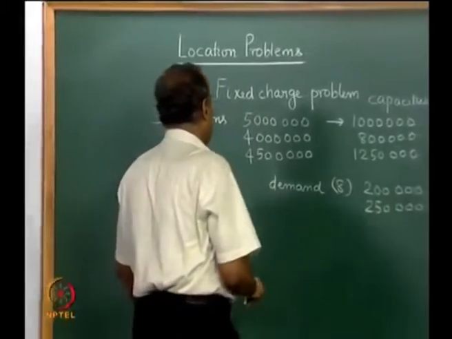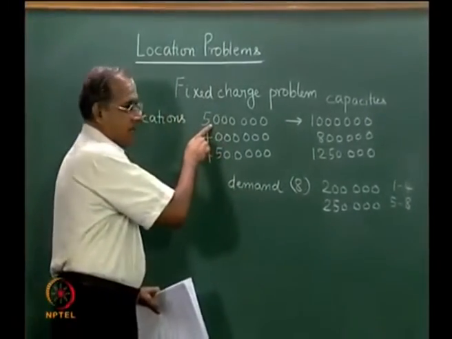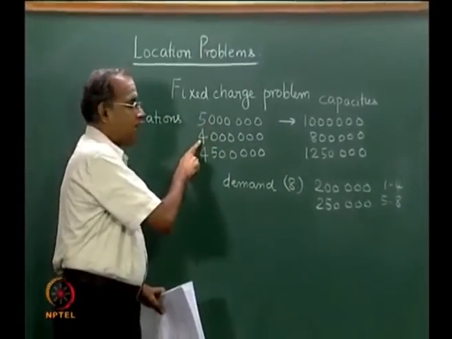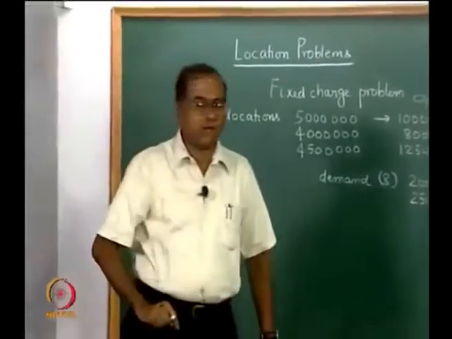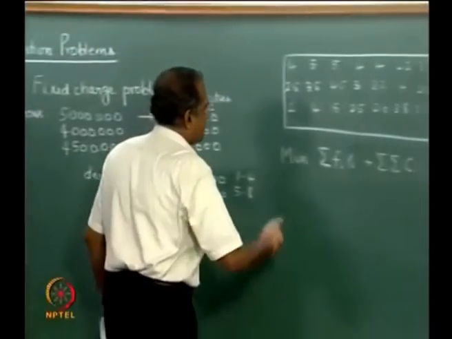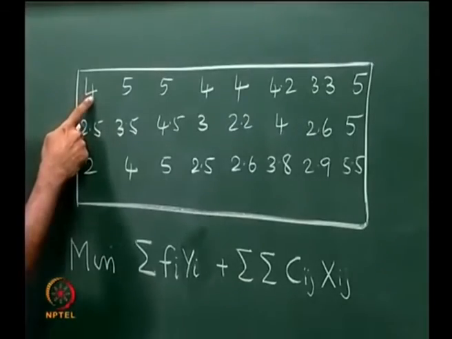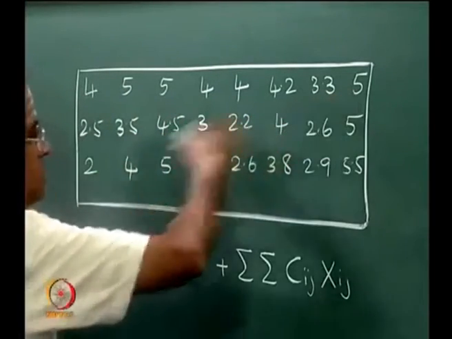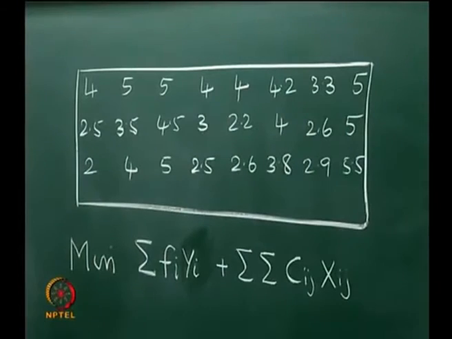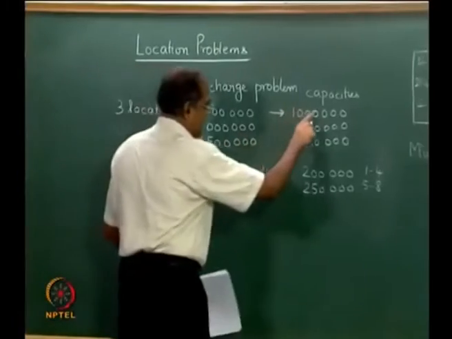The Fi yi will be 5 million into y1 plus 4 million into y2 plus 4.5 million into y3. The Cij xij will be 4 into x11 plus 5 into x12 up to 5 into x18 and so on. We also have the constraints, we have 3 constraints for the capacity of these 3 that come in.